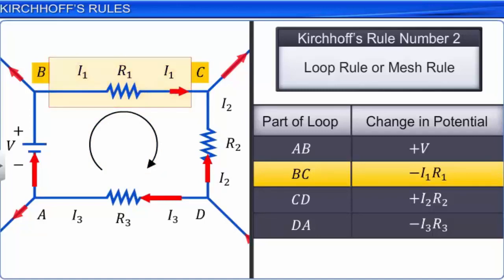Charges always flow from a point at higher potential to a point at lower potential. Therefore, point B is at a higher potential compared to point C. We are calculating the potential change between points C and B, which is the potential at C minus the potential at B. Hence, the change in potential is negative.